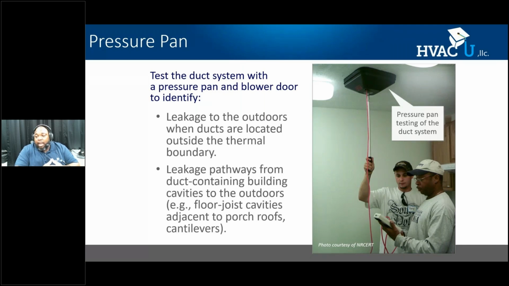I get air that doesn't go where it needs to go, and I have air that I paid to condition leaking into a space it's not supposed to be in. So the pressure pan helps us figure out whether we have air leaking from the conditioned space outside. And remember, the pressure pan has to be used in conjunction with the blower door.